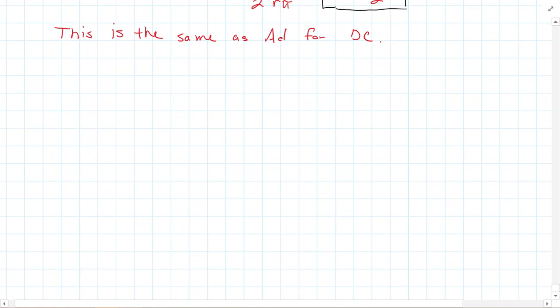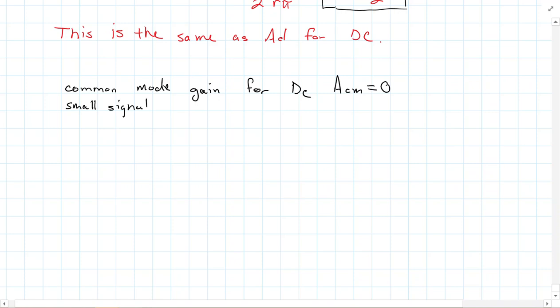Now we need to look at the common mode gain. The common mode gain, now for DC, the common mode gain was just simply 0. So let's look at what it is for small signal.